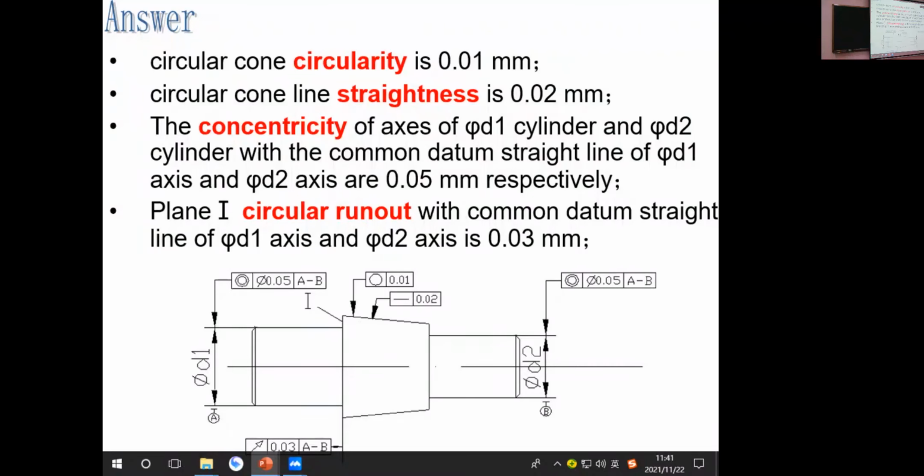The maximum variation of the median plane of the group is less than 0. That is here.